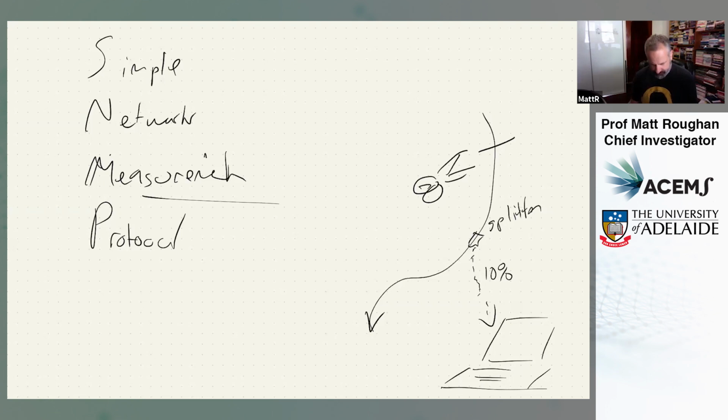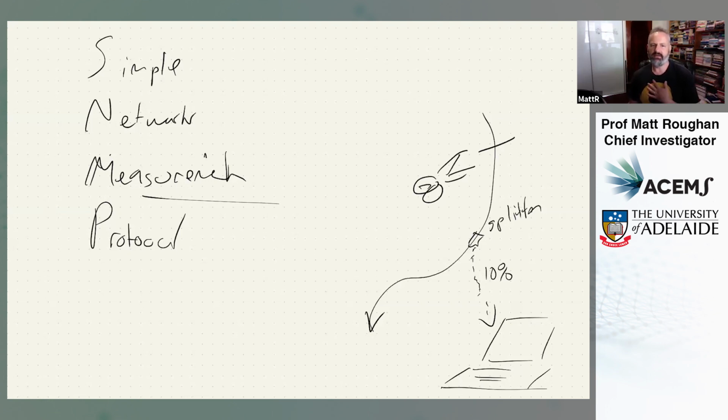But what can it actually do? What it actually does is keep a little counter, and the counter is like an odometer in your car. It measures the number of packets or the number of bytes going across the link, and it just counts. And it counts up and up and up. And when it wraps around, it goes back to zero, just like an odometer in your car, and goes up and up again.